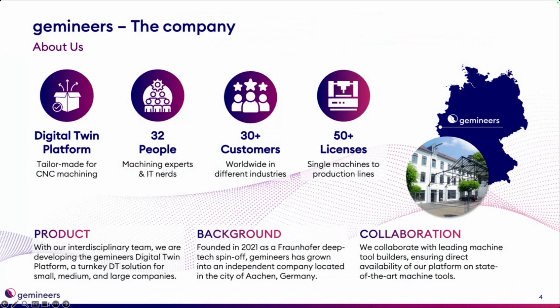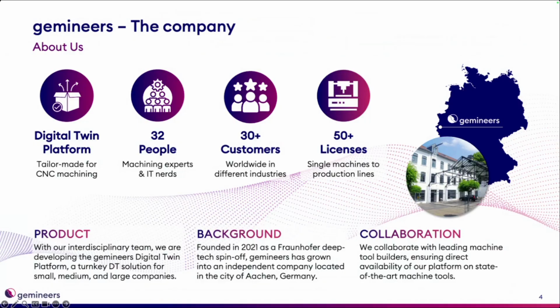We now have 32 people working in our company, mostly software guys, to be honest, to develop the software. We already have more than 30 customers worldwide, already in the US, in Canada, in Asia, but most of them for sure in Europe. And I will talk a bit later about the model.